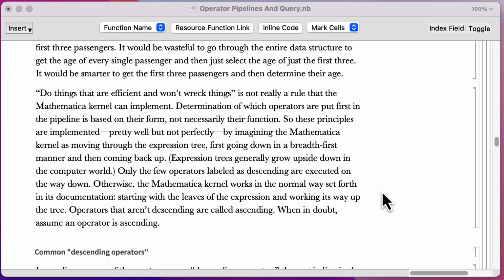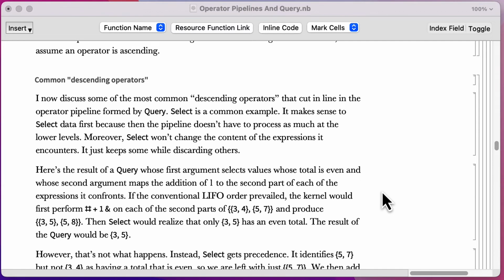But for some operators, it's going to do it on the way down. Those are called descending operators. When in doubt, assume that an operator is ascending, and what it means, if it's ascending, that means it's going to be in the ordinary order. All right, I know that's hard to understand in the abstract, so let's talk about a descending operator, and maybe one of the most obvious is select.